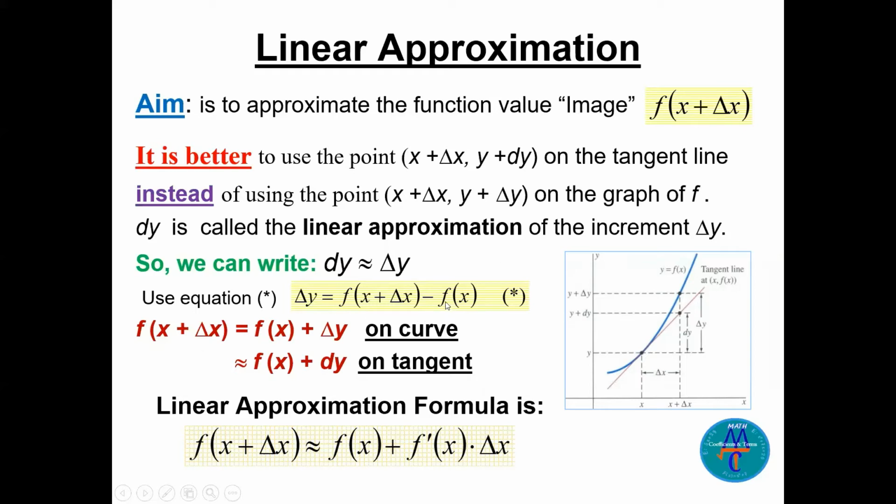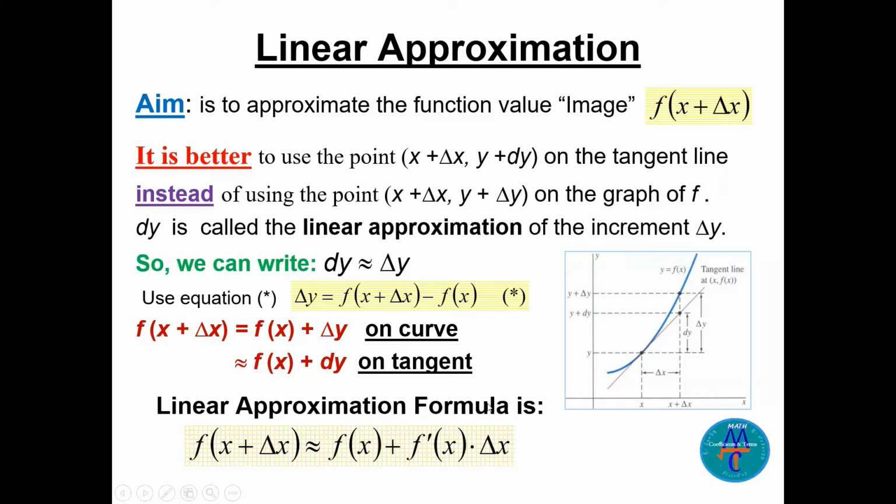So if you move f of x to the other side, we will have the equation f of x plus delta x is equal to f of x plus delta y. See, this is on the curve, on this blue curve. If you replace delta y approximately by dy, it will be on the tangent line.